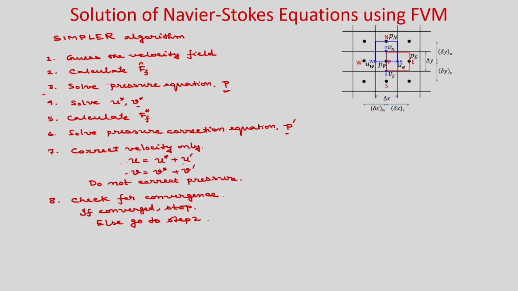So, you can see that in simpler algorithm, although there you need to solve one additional equation for pressure, but overall it will take less time to converge as you are giving a correct pressure field. Okay.